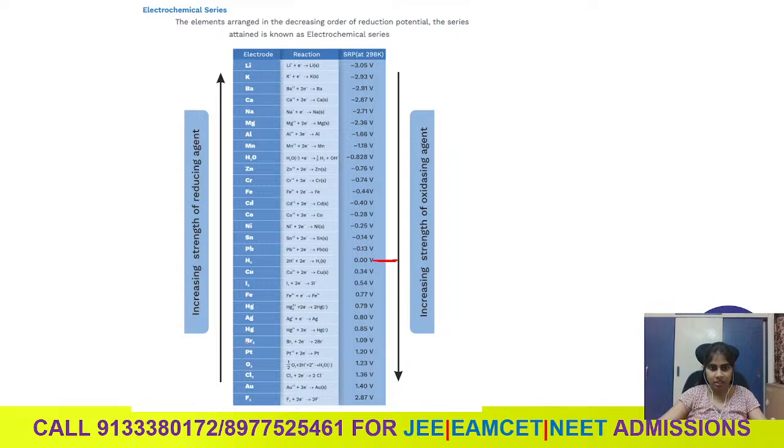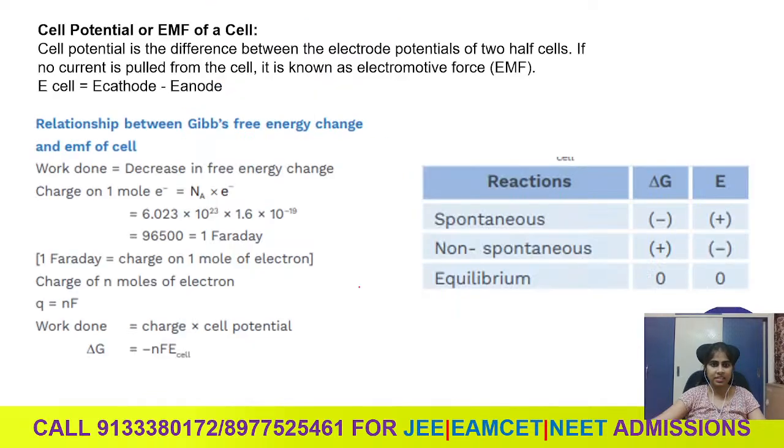According to this table, from bottom to top, you can observe increasing strength of reducing agent. From top to bottom, opposite to this, increasing strength of oxidizing agent. So if these electrodes are used, oxidation or reduction can be defined from this electrochemical series.